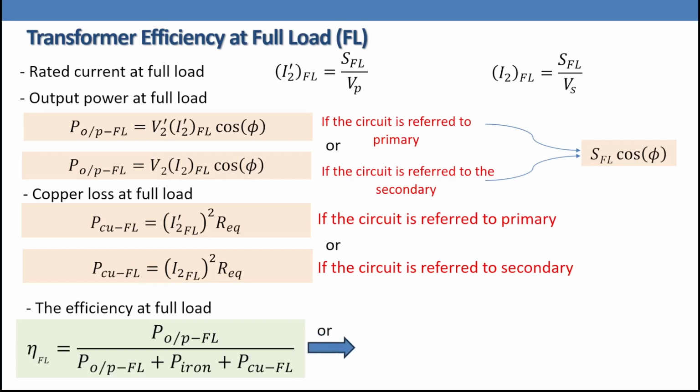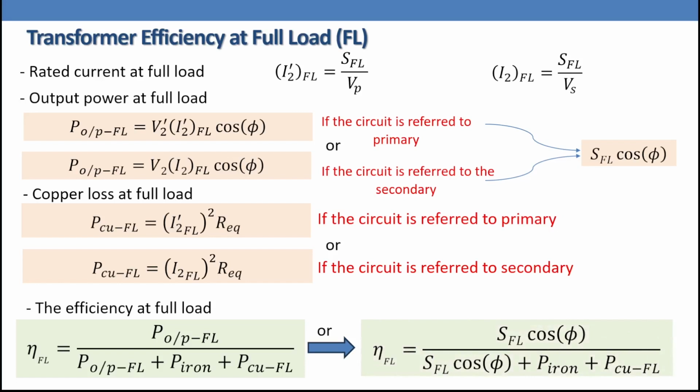We are going to swap power output by S full load cosine phi over S full load cosine phi plus P iron plus P copper at full load. And that is going to save us from worrying whether the circuit is referred to the primary or the secondary, because we know the rated power of the transformer and the loading power factor. So we are going to search for iron loss and copper loss at full load.